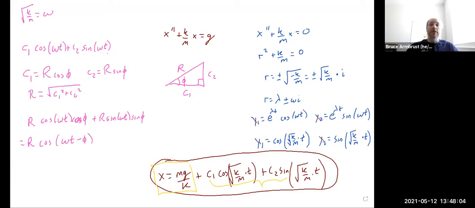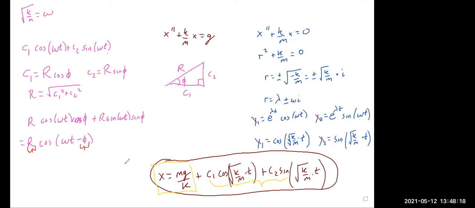What are the two unknowns now? Instead of, if you don't want to call them C1 and C2, what are the unknowns now? One of them is R. Phi, I guess. The other one is phi.